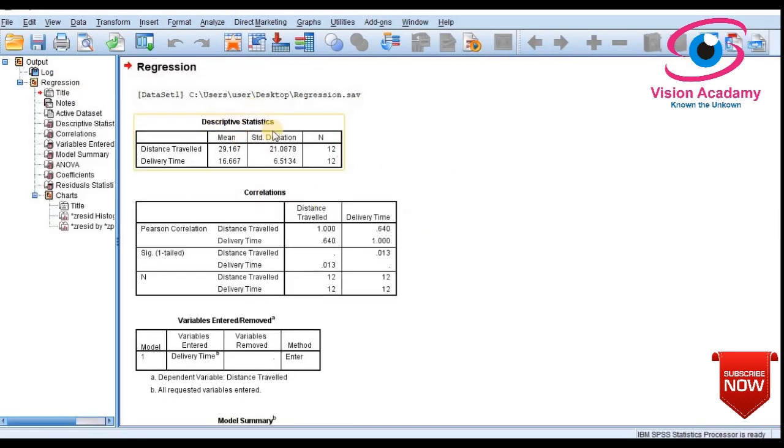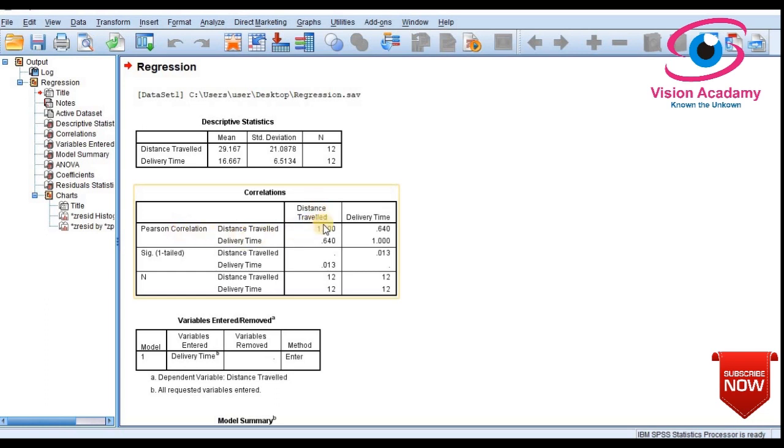Look at here. Firstly, we have descriptive statistics, which we selected in the dialog box. So the mean of distance traveled, standard deviation of distance traveled, and n. In this case, we have selected 12 samples, and then the delivery time mean and delivery time standard deviation. Also we have correlation, as we selected correlation too. So this is the Pearson correlation.